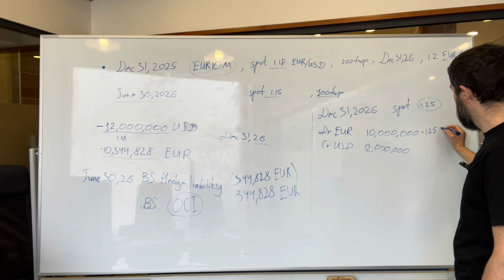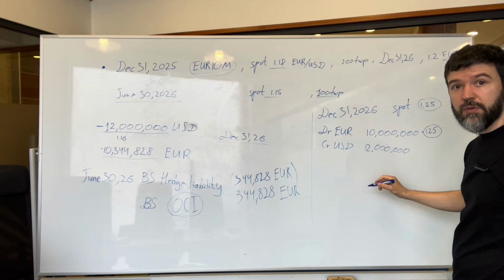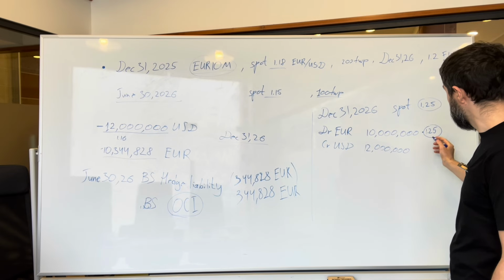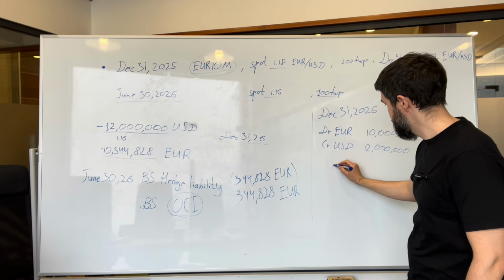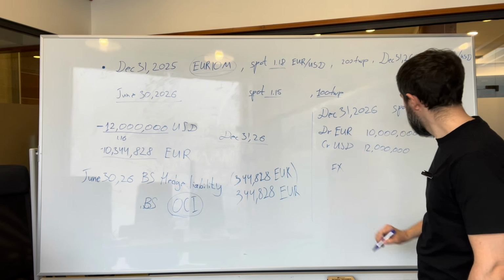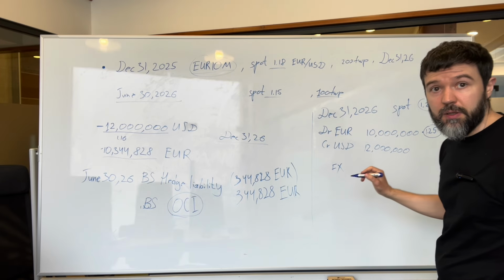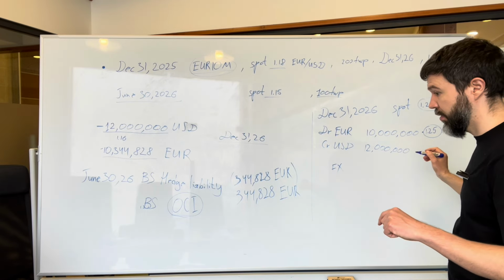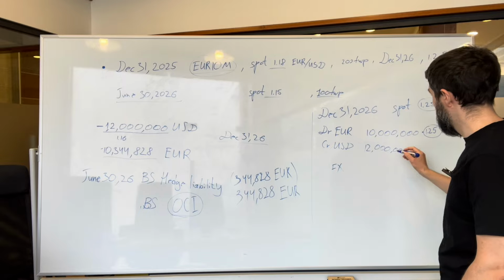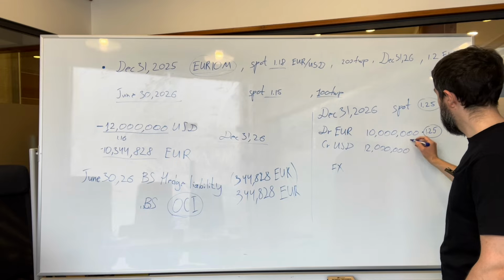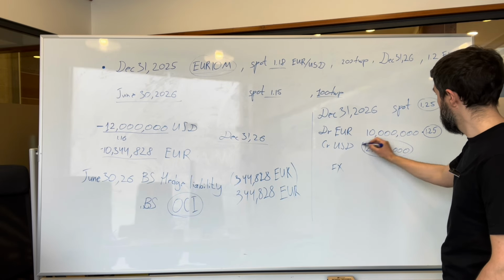But where does the difference go to? It goes to FX. Be patient with me. I will write it in United States dollars in a second. So this is USD, this is euro.